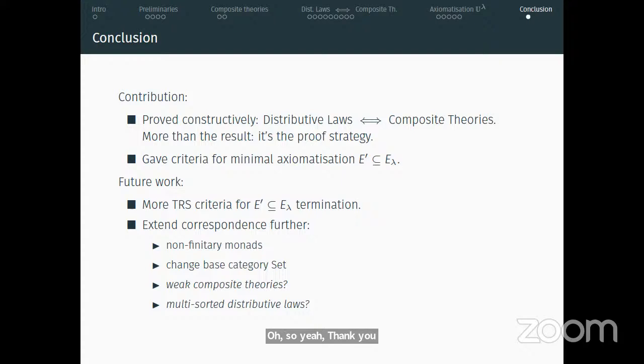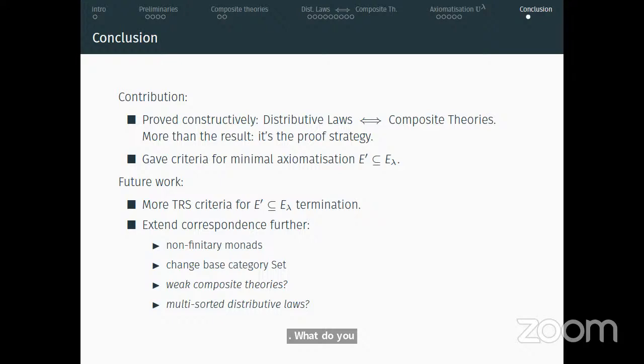I have maybe a naive question concerning the concept of composite theories. Can you represent, say, group rings as a composite theory? What do you mean?